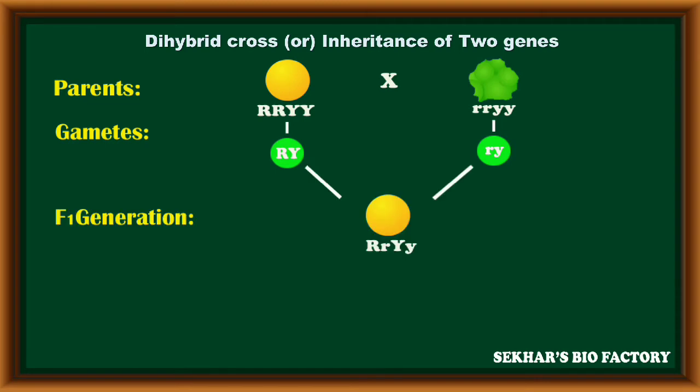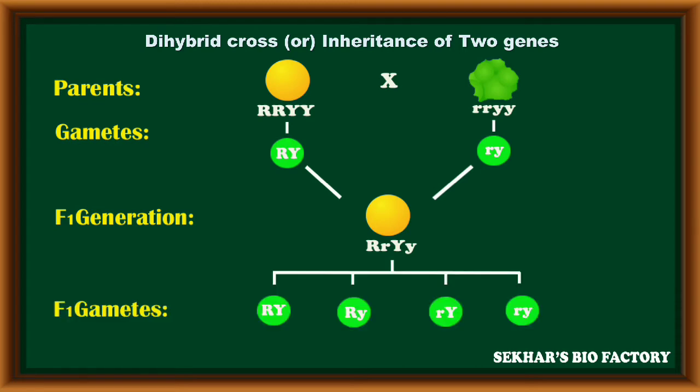These gametes fuse to form the F1 generation. In this F1 generation, all plants have round and yellow seeds, which are similar to only one of the dominant parent. The genotype of the F1 hybrid is capital R small r, capital Y small y.